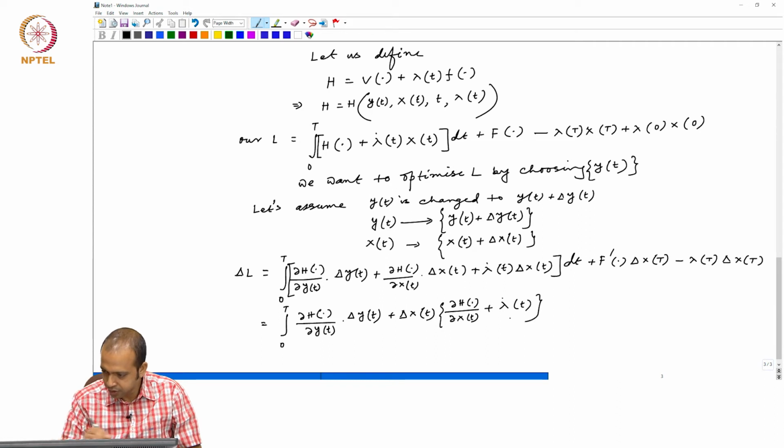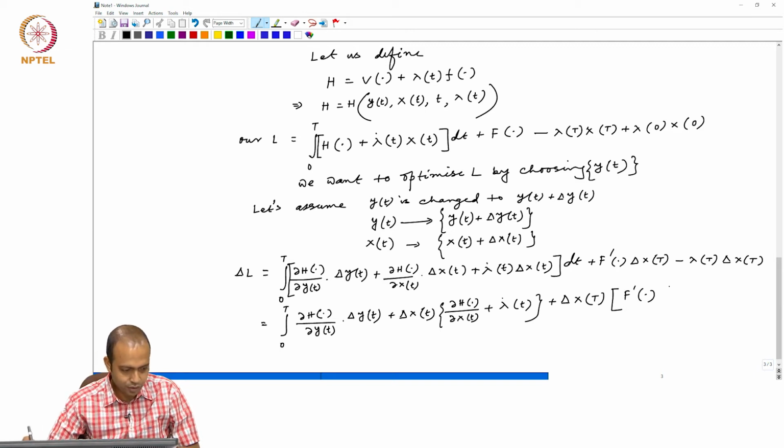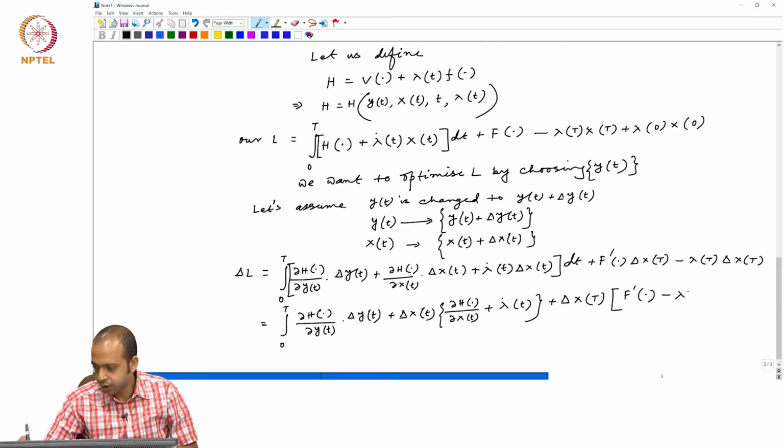This is just simply taking common. From here also we can take delta x t common, so this will become f dot minus lambda t.